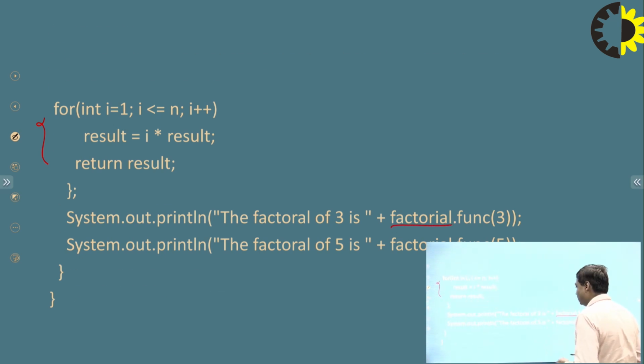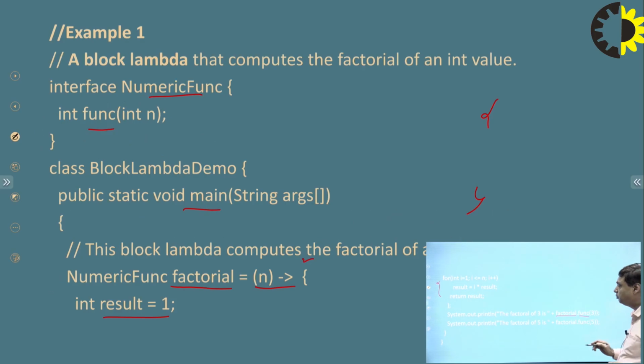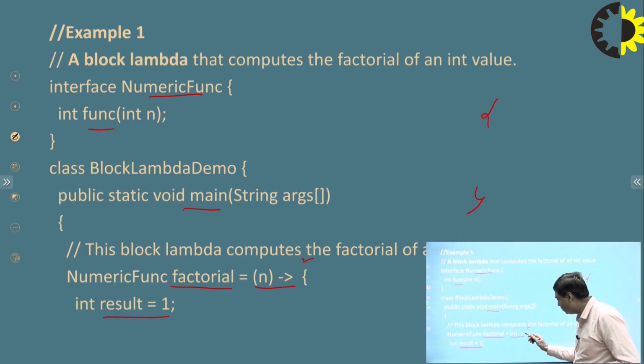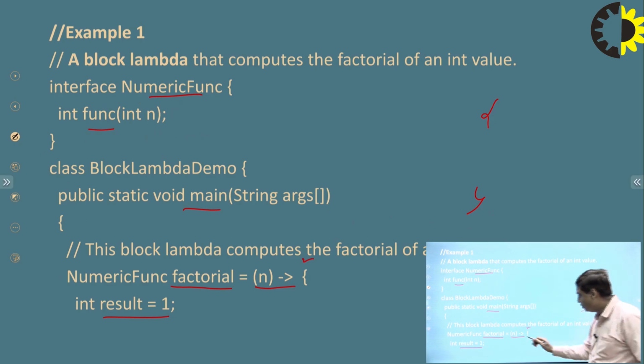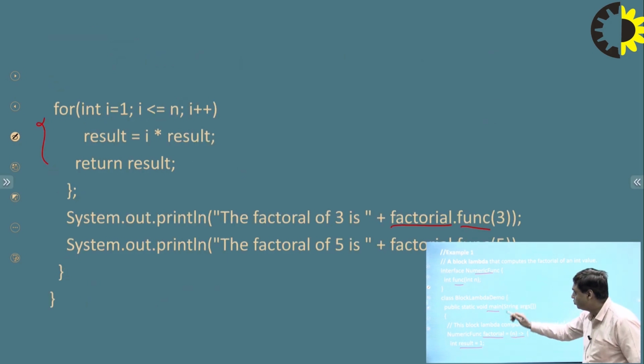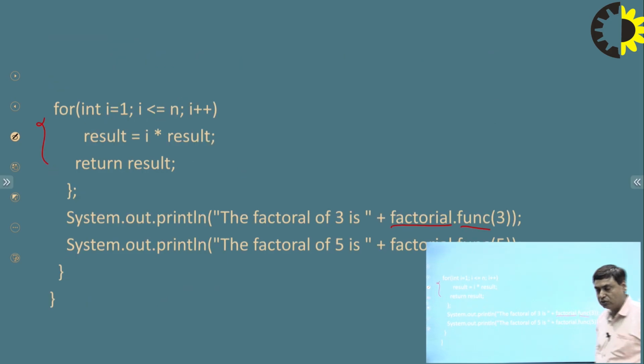Factorial is the functional interface reference variable and we call this function, the abstract method. Its implementation is given with the help of the lambda expression, that is, the block lambda expression, and we are passing the value 3. The value 3 will be received here and it will be executed with the help of this logic to find the factorial of 3.